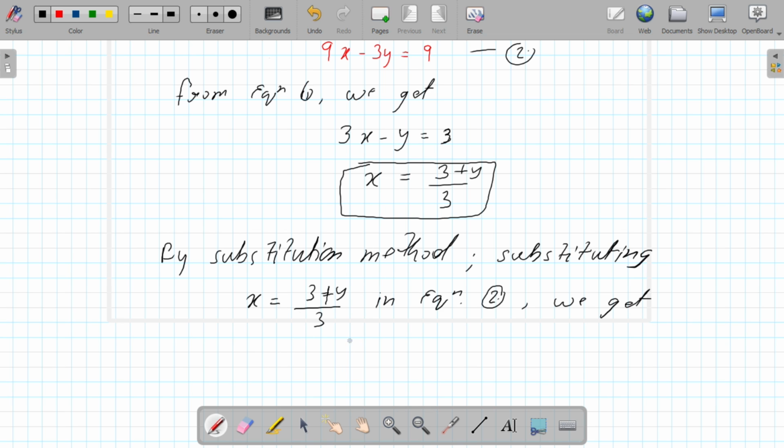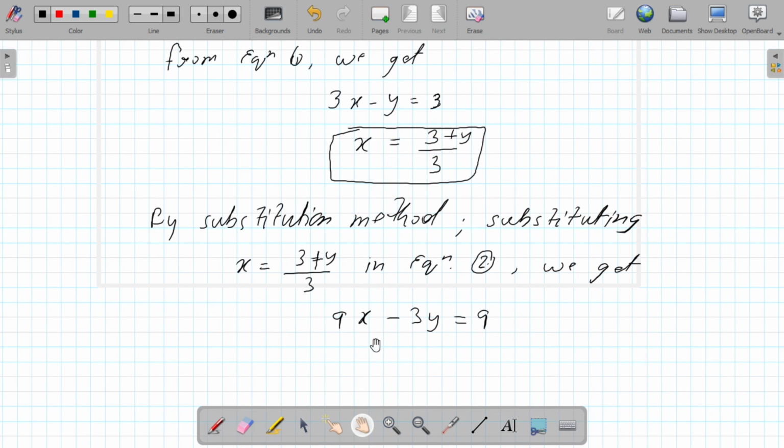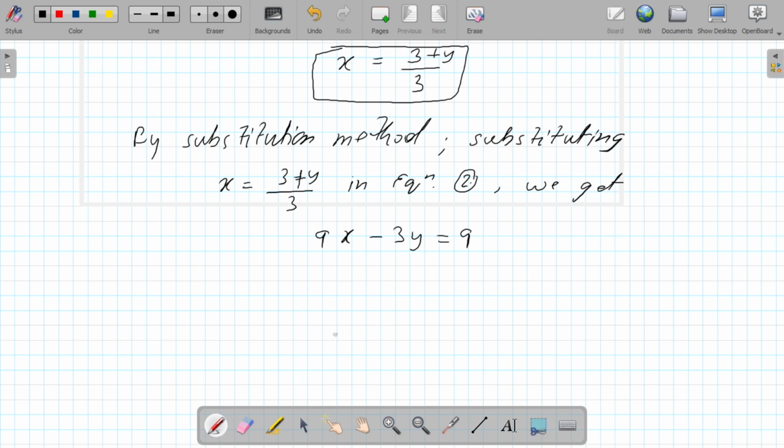So equation number second is 9x minus 3y equals to 9. Now we will put the value of x here. 9 into, what's the value of x?